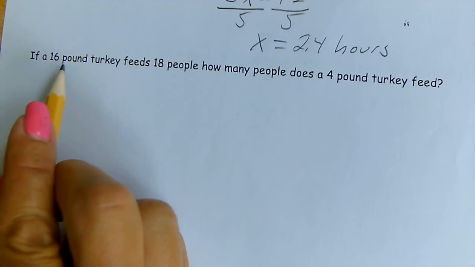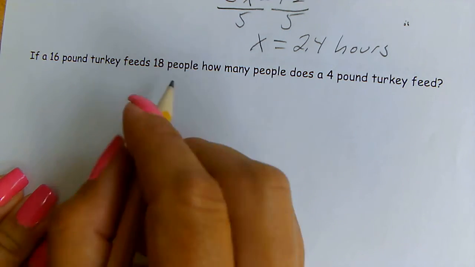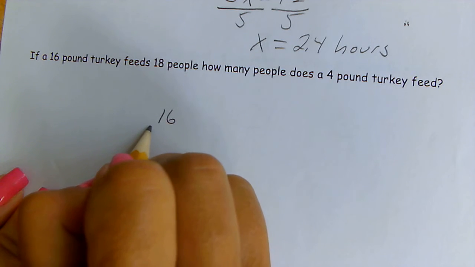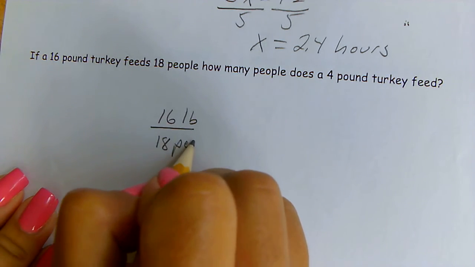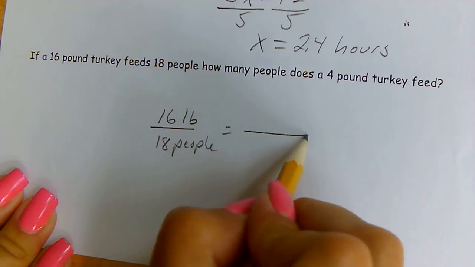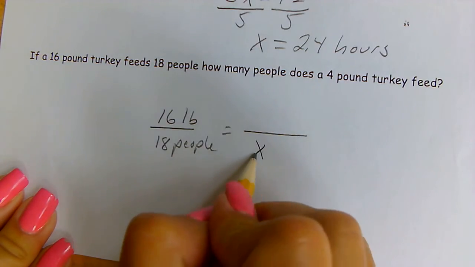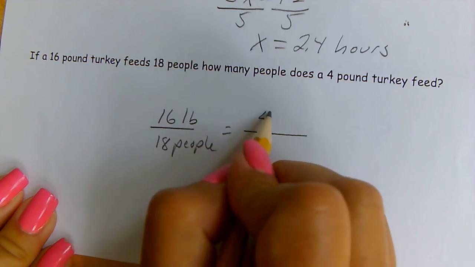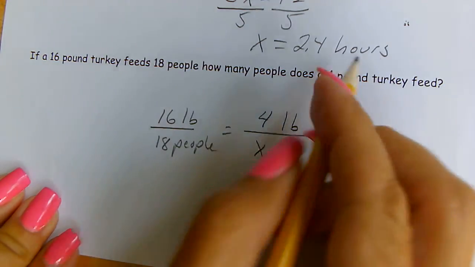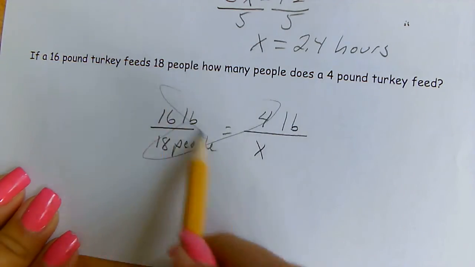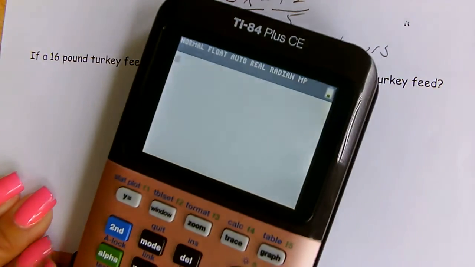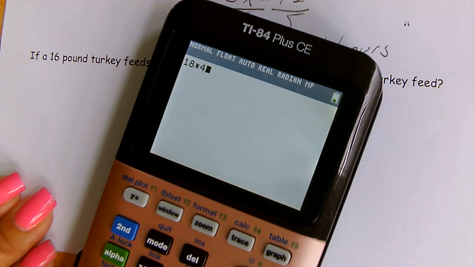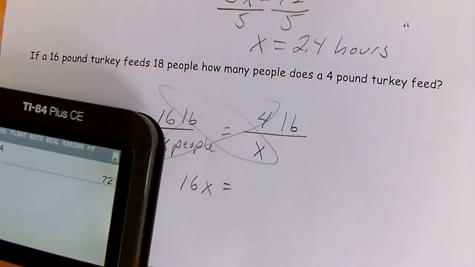Okay, next, if a 16-pound turkey feeds 18 people, how many people, I don't know the people, does a 4-pound turkey feed? Cross multiply. 16x equals 18 times 4, 72.